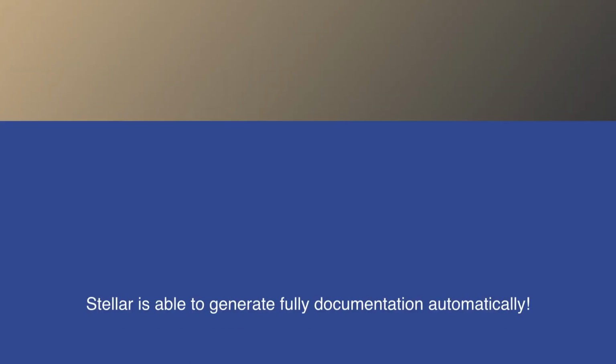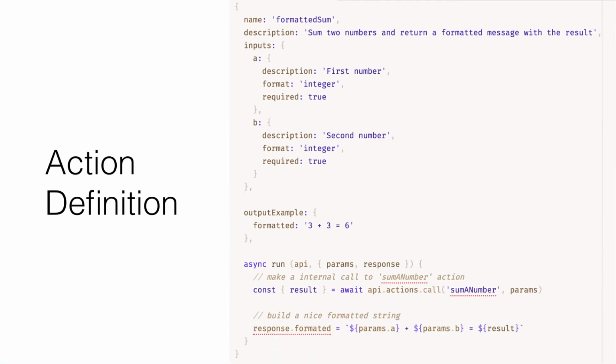And one more thing, Stellar is able to generate full automatic documentation without human interaction. This is possible because of the anatomy, the structure of an action. As you can see here, we have different properties on this action: name, description, input, output example, and run.